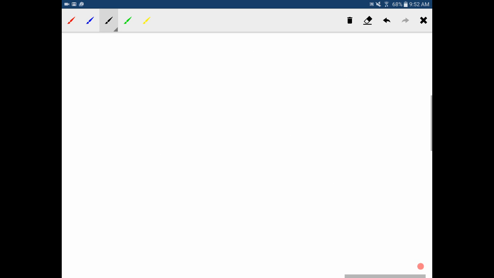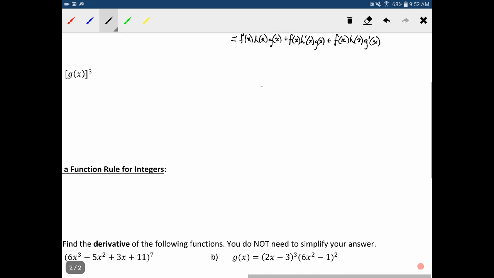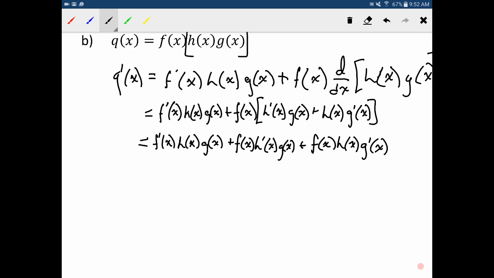So you can see I've just got the derivative of each multiplied by the original functions. And then we just add them all up.